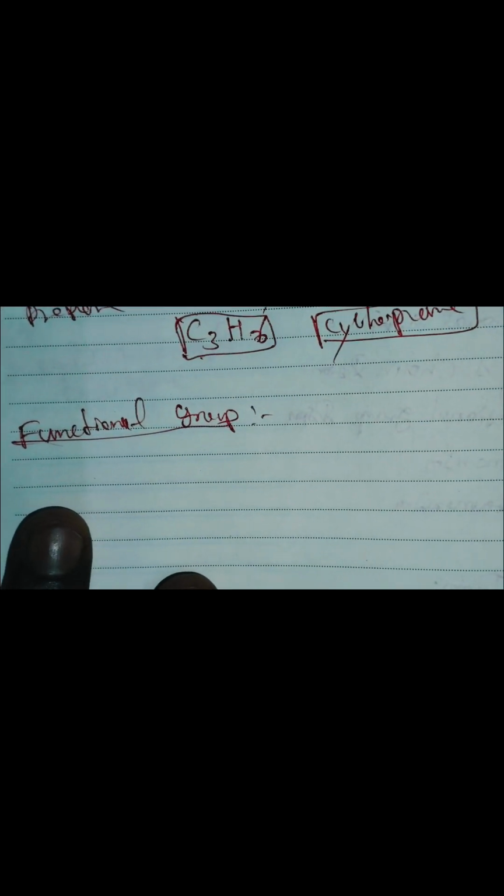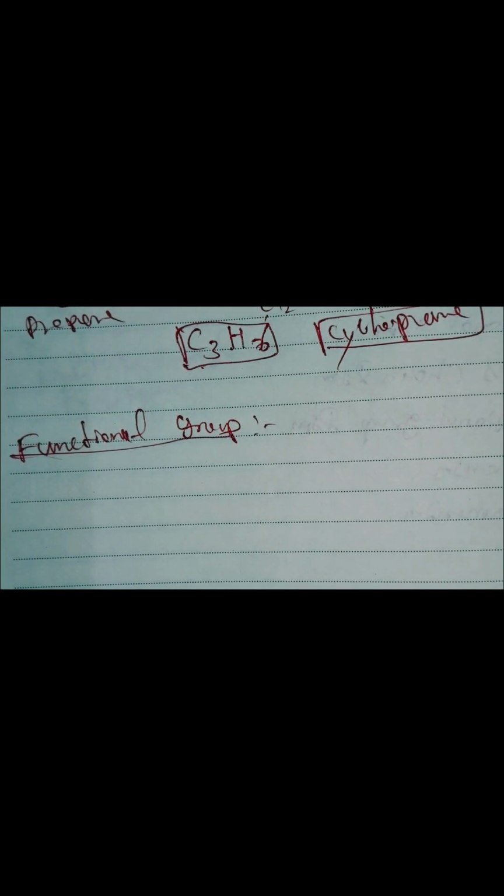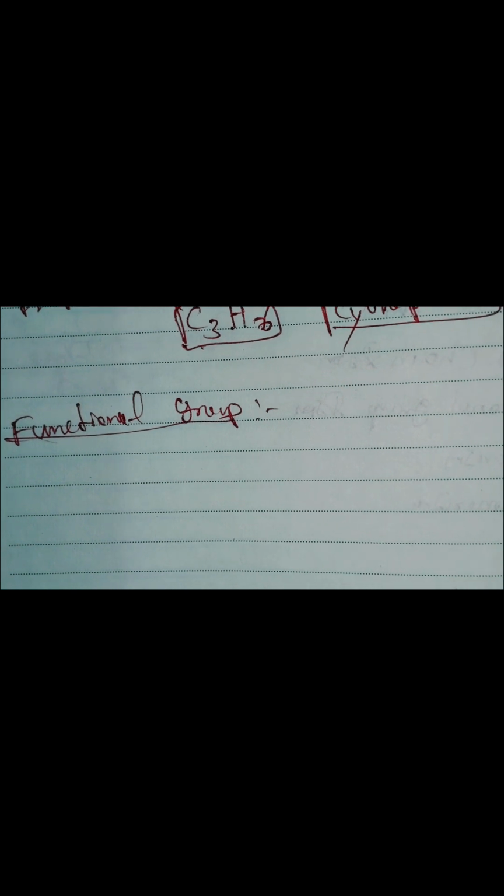The next category is functional group isomerism. A functional group is the reactive part of a molecule, the part that functions in a chemical reaction. Here one isomer has a different functional group compared to the other.